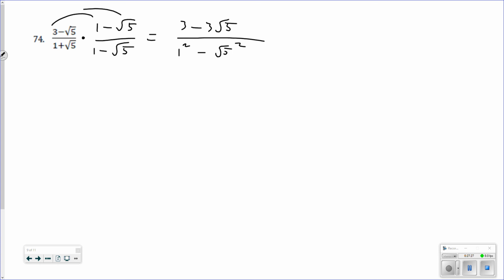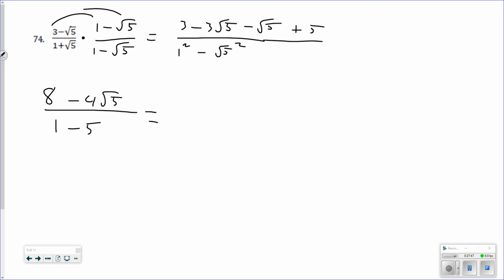Distribute the negative root 5: negative root 5 plus 5. The 5 and the 3 on the top give you an 8. Negative 3 root 5 minus root 5 gives you a negative 4 root 5. And the bottom you have 1 minus 5. So you have 8 minus 4 root 5 all over negative 4.